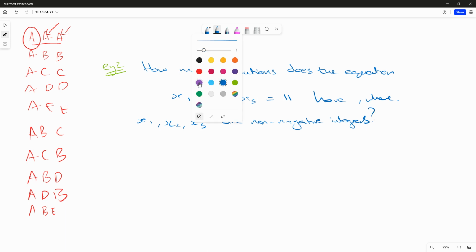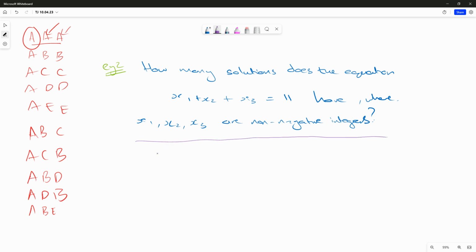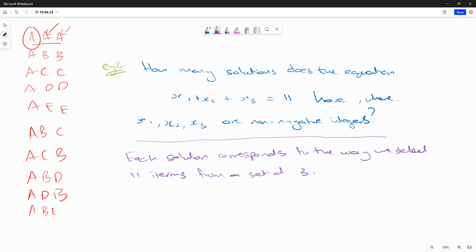So the solution for this: each solution corresponds to the way we select 11 items from a set of 3 elements, x1 elements of type 1, x2 of type 2, and x3 of type 3.